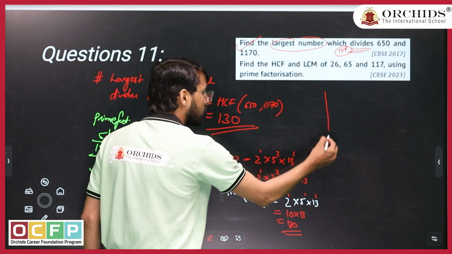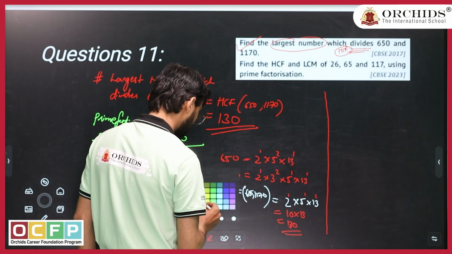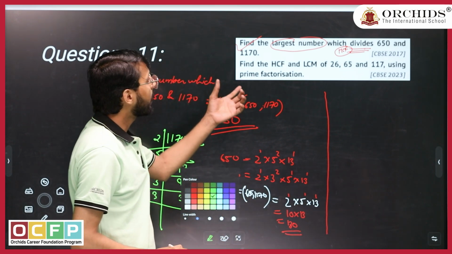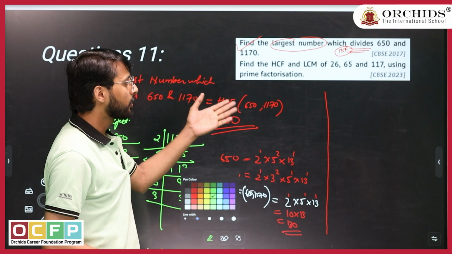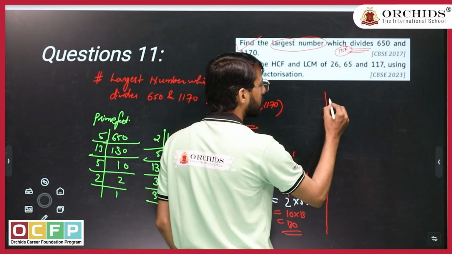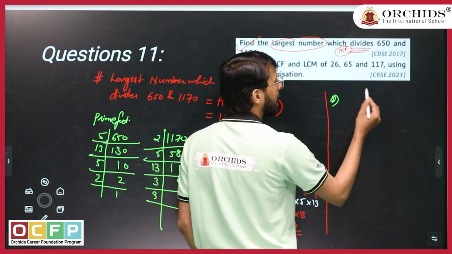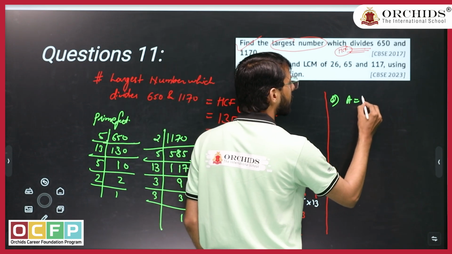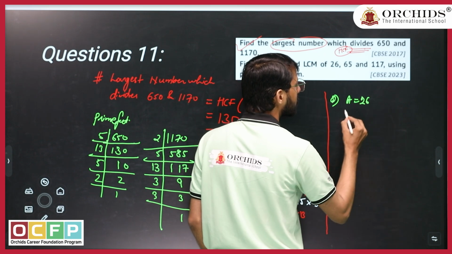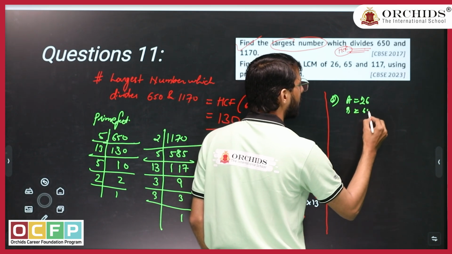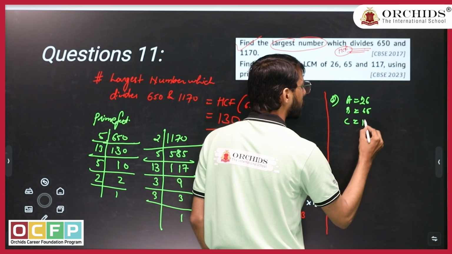Next part of this they have given: find the HCF and LCM of this using prime factorization. This is a direct question, so there is no need of using any logic, you can do it directly. Suppose A is 26, B is 65 and C is equal to 117.